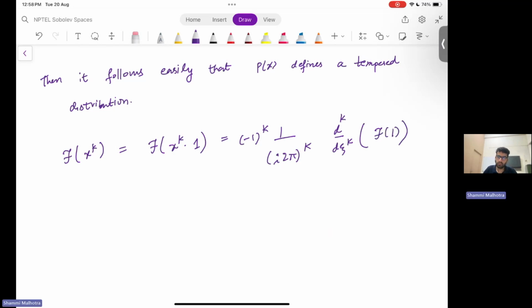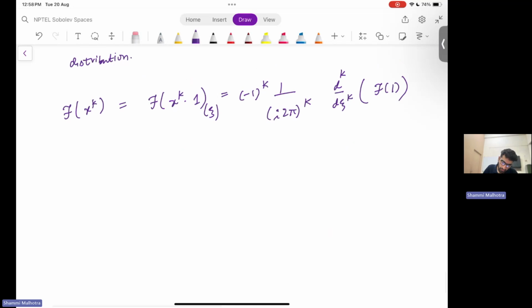This is just the formula: multiplication can be transferred into the derivative.